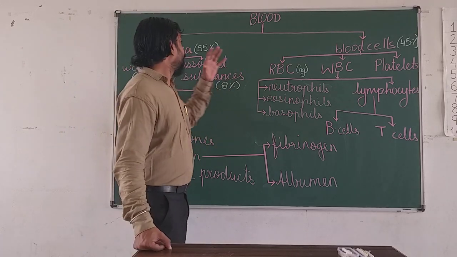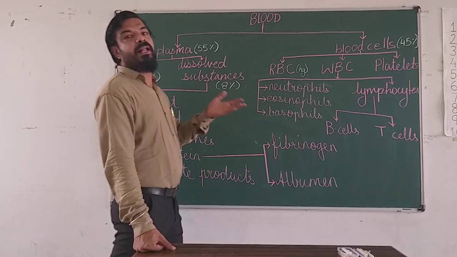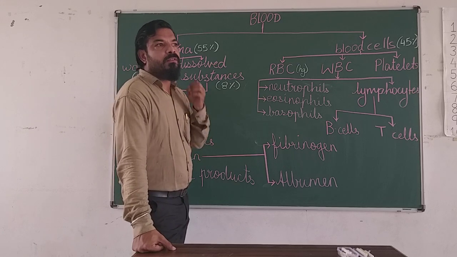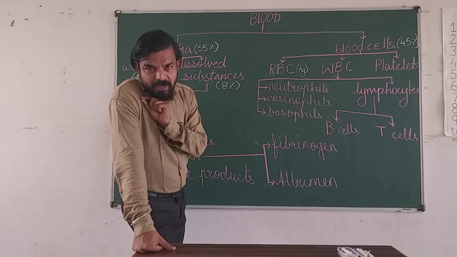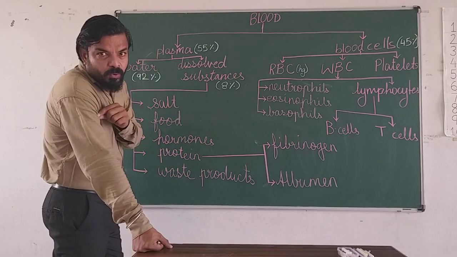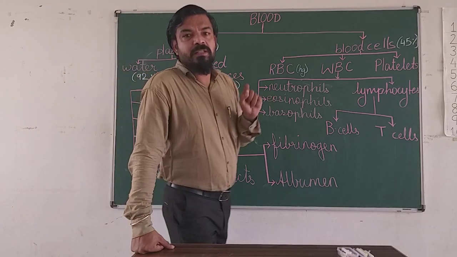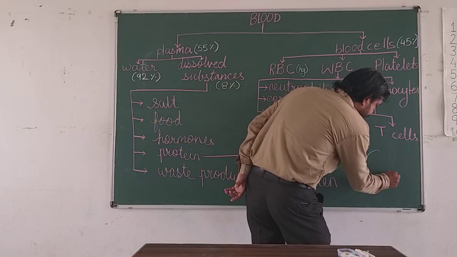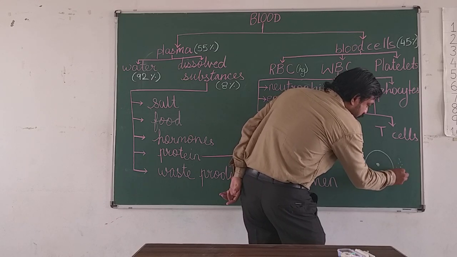Now, if water is present, that water helps in the transportation of the nutrients. How? The cell has a small wall, which is made of protein in a human being. With the help of the water, suppose this is the cell and this is the nucleus, and there is lots of water over here.